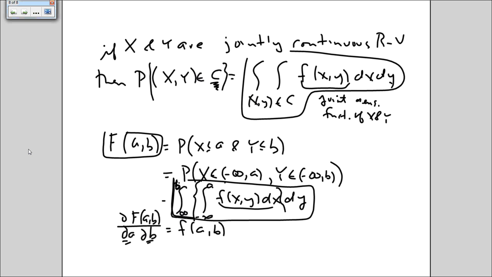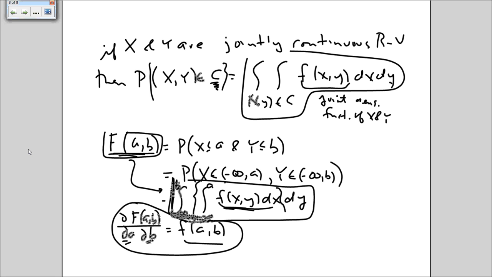So that's another connection between big F and little f. I say another. What's even one more? Well, I just said one. Big F of AB is the double integral of f of xy dx dy. But another thing is the partial of big F with respect to little a with respect to little b is little f of AB.